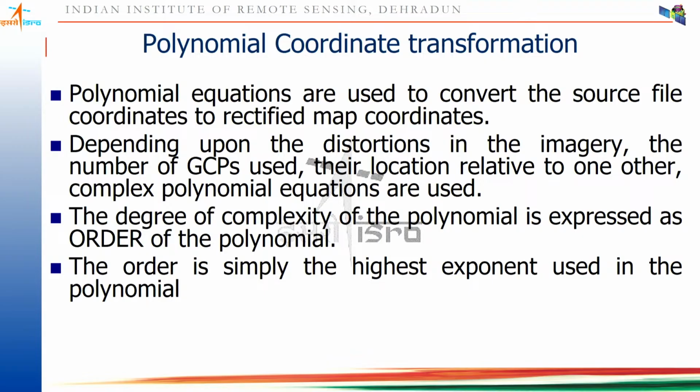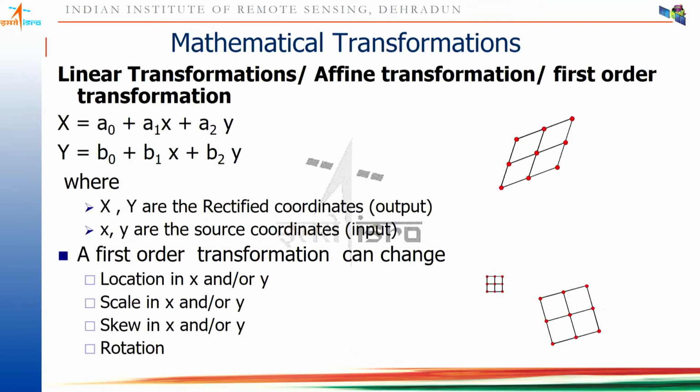So once we identify ground control points, then we use polynomial equations to convert my source coordinates to map coordinates. Depending upon the distortions in the imagery and the number of ground control points available to me, we can use simple mathematical equations or complex mathematical equations. The complexity of a polynomial is its order, that means the highest exponent used in the equation.